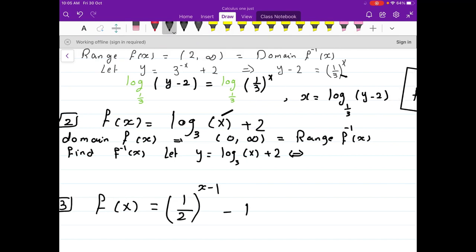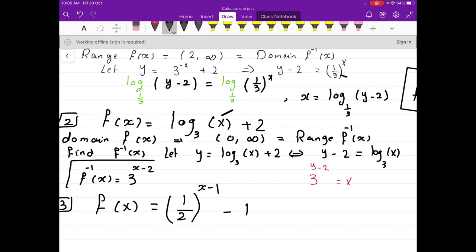Solve for x in terms of y. y minus 2 equals log x. This is equivalent to 3 to the power y minus 2 equals x. So what is f inverse of x? f inverse of x equals 3 to the power x minus 2.